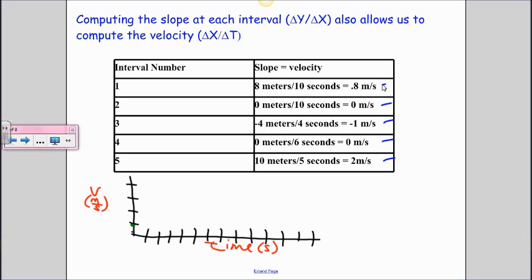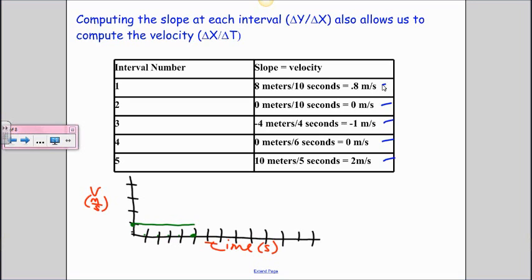So let's count these as 2s. 2, 4, 6, 8, 10. 10 seconds. So what does that mean? Did he angle up at all? Did he go down? It turns out for velocity, it's going to be a flat line. And this means he stayed moving at 0.8 meters per second for those entire 10 seconds.